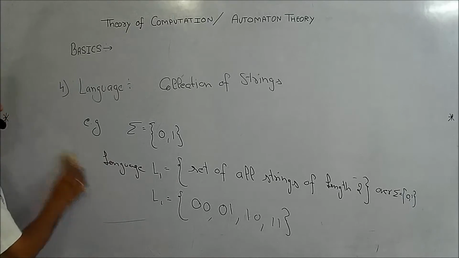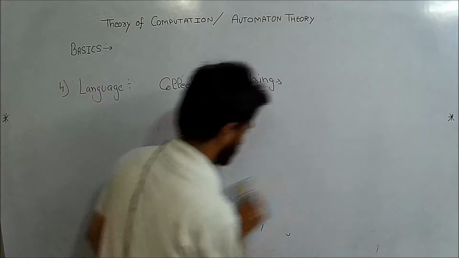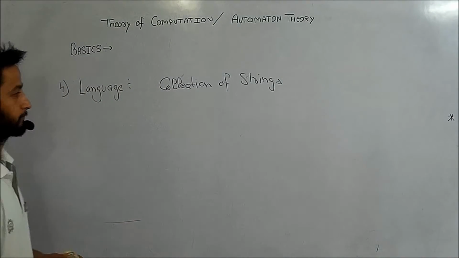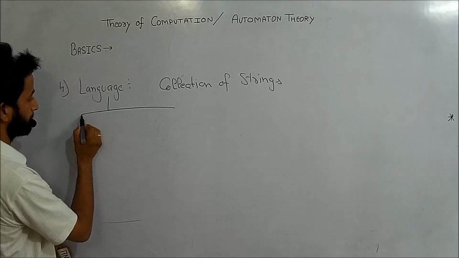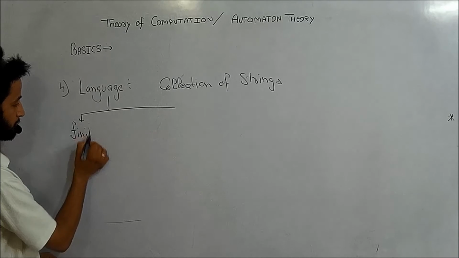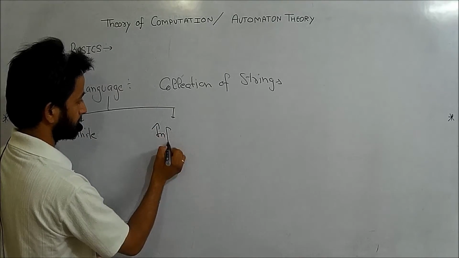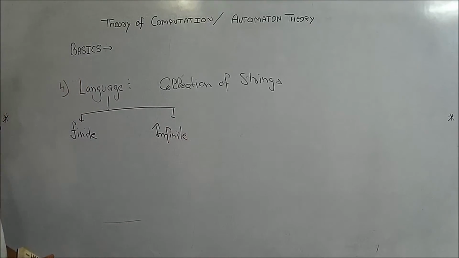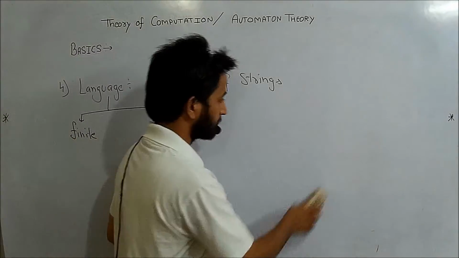Further, language is of two types. One is finite language, and the second type is infinite language. Let us take one more example.